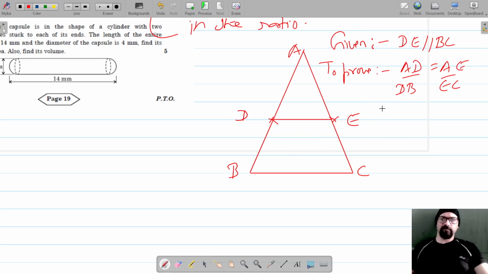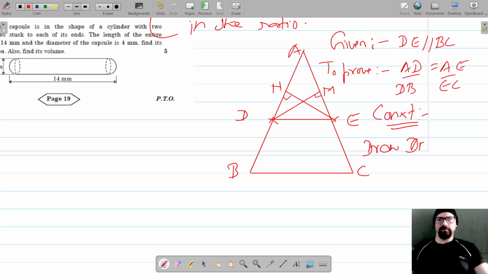For that, let's do the construction. And the construction is we have to draw DM and EN perpendicular. So I have drawn DM perpendicular to AC and EN perpendicular to AB.